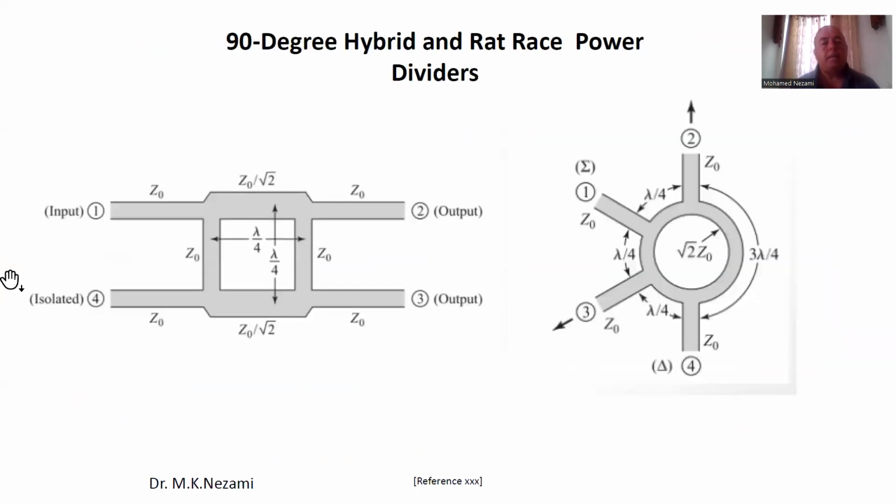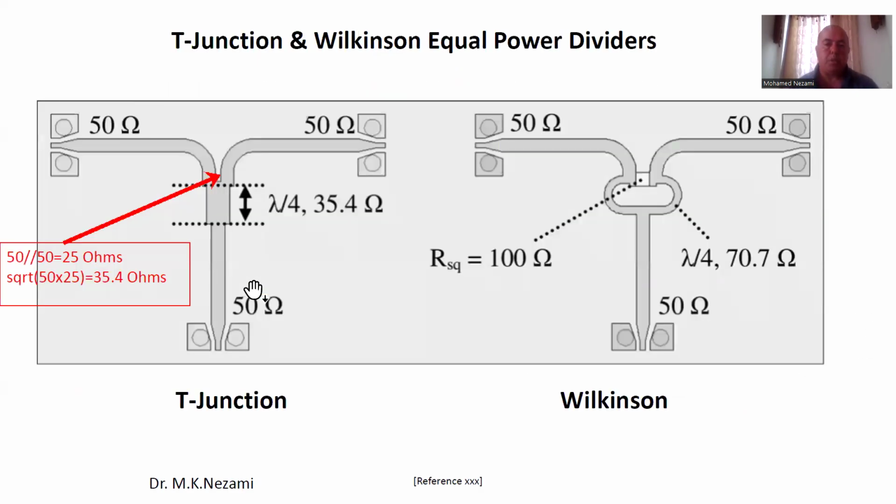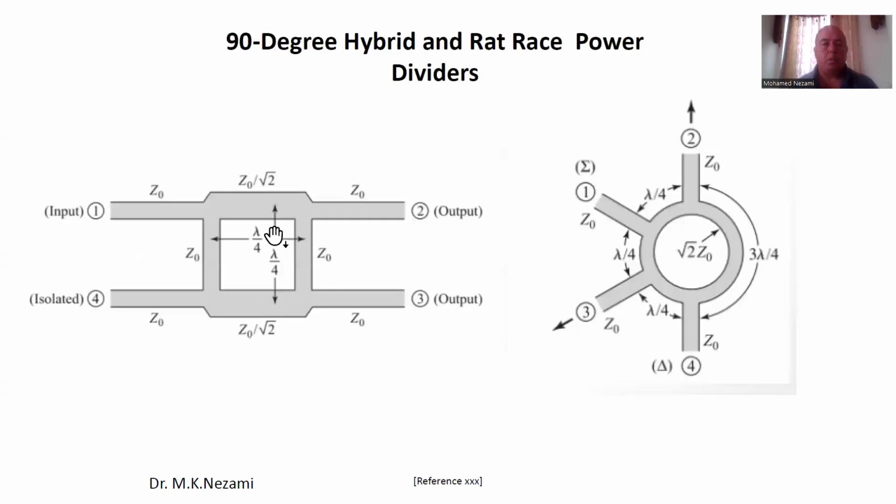The last ones that we can look at are some antennas, some arrays, where they can design the feed array network using a 90-degree hybrid like it is here, or a rat race hybrid like here. And the principle of this, like I said again, is that all of these devices that we use for the antenna array feed networks are based on the principle of quarter wave line impedance, because that's what resonates, that's what transforms the phase and the impedances.